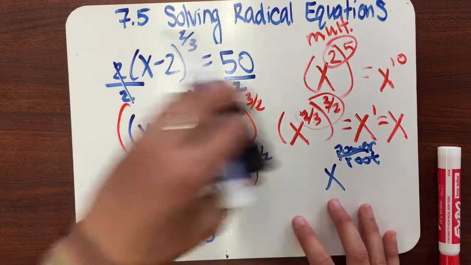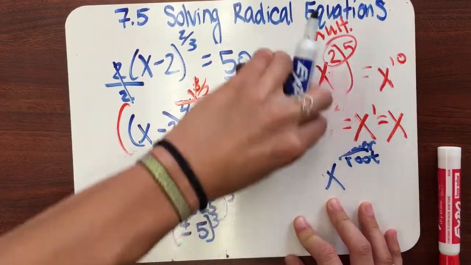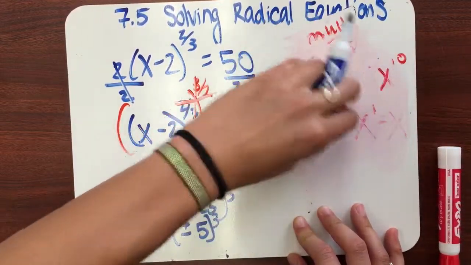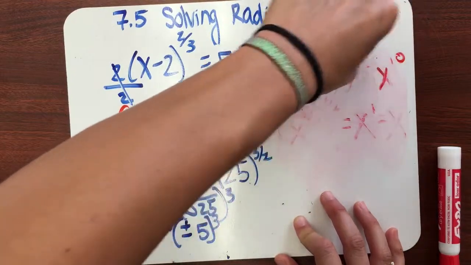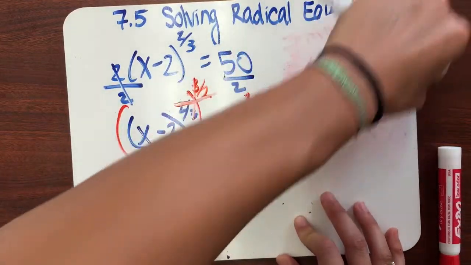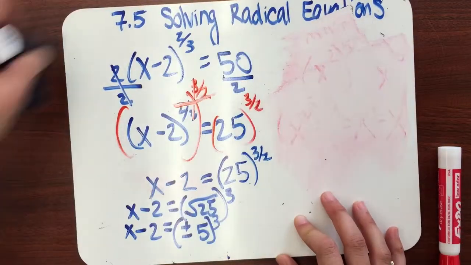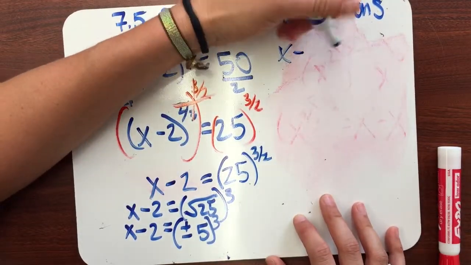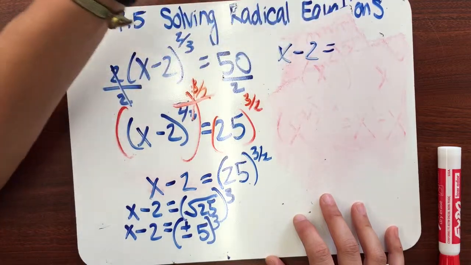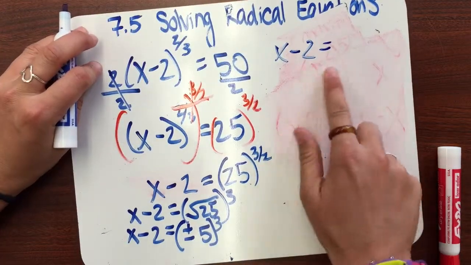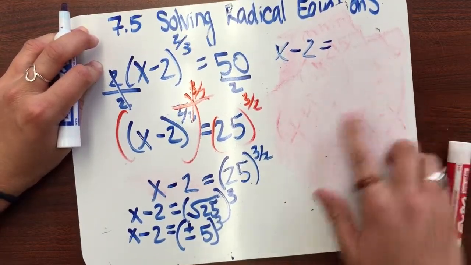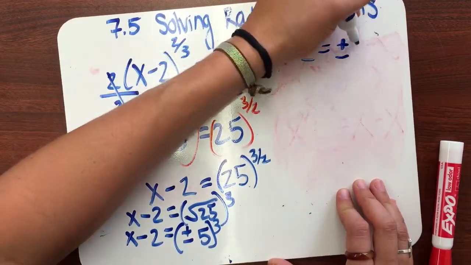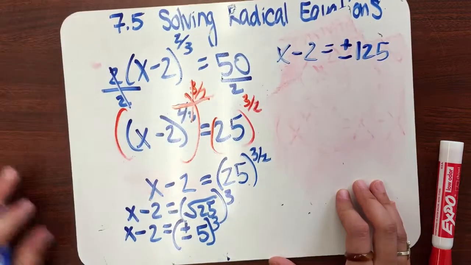And then we'll continue solving with that, where we have to cube both the plus and the minus 5. So we get x minus 2 is equal to plus and minus 125.